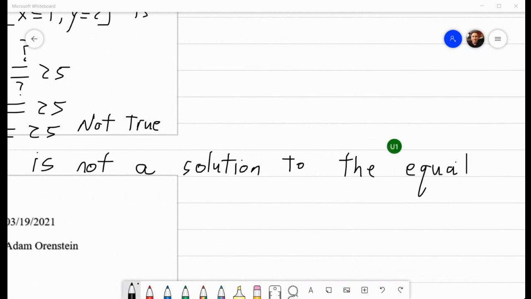So it's not a solution to the equation, which is why it's not on the circle. Okay. Are there any questions about that?